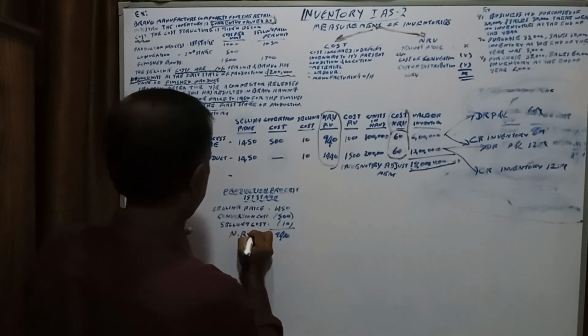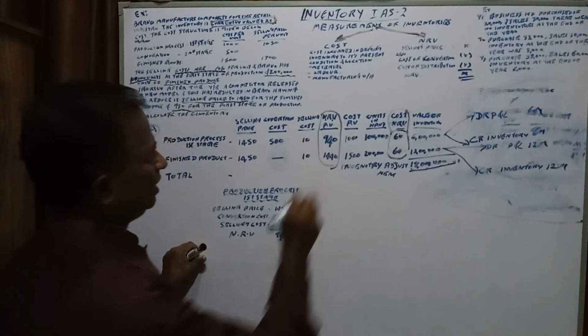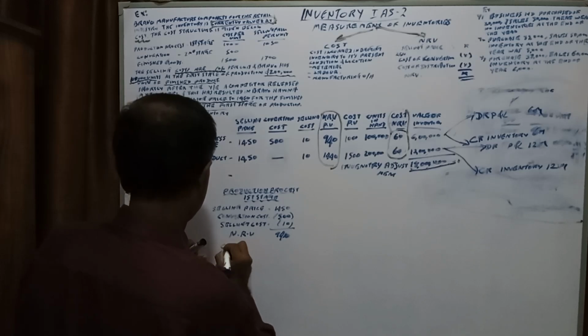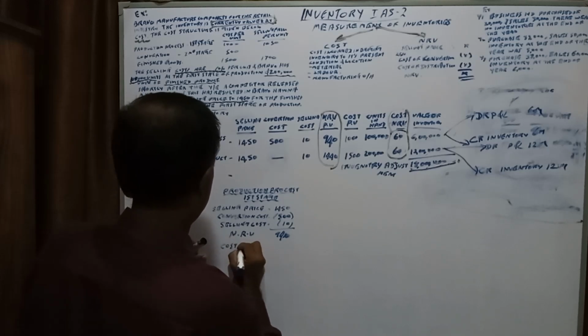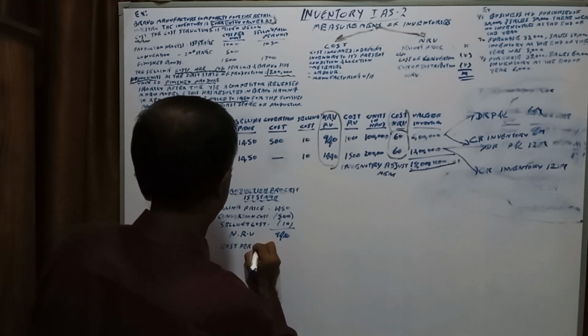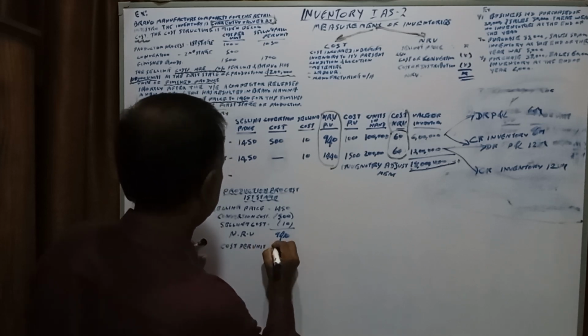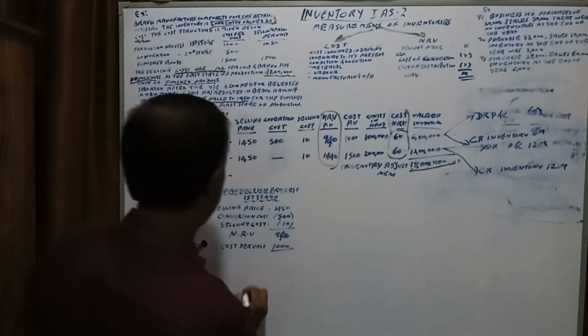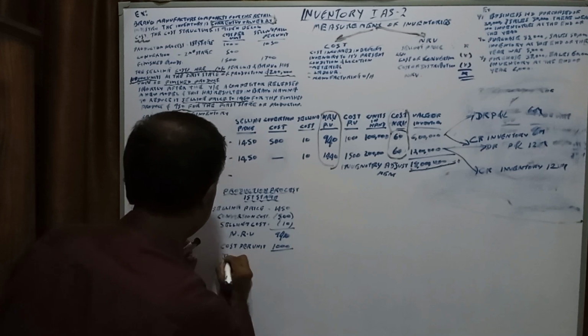940 is the net realizable value. Then cost per unit, how much? 1000.